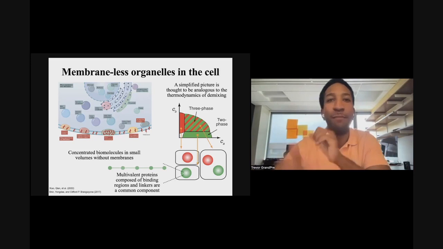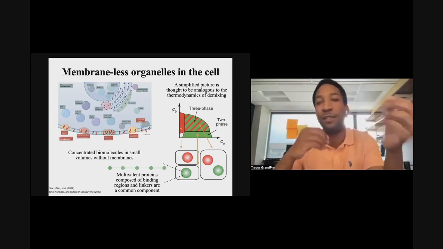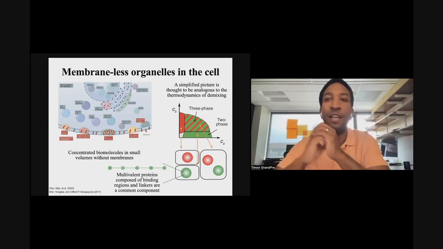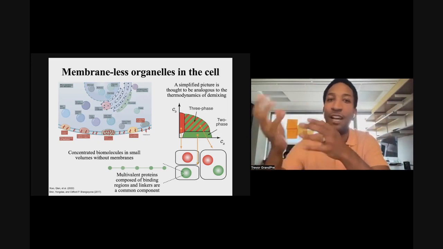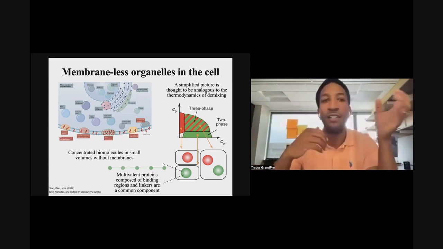But one thing to notice here is that membraneless organelles imply a biological function, but biomolecular condensates may not. They might, for instance, be caused by accident or by a side effect of another process.